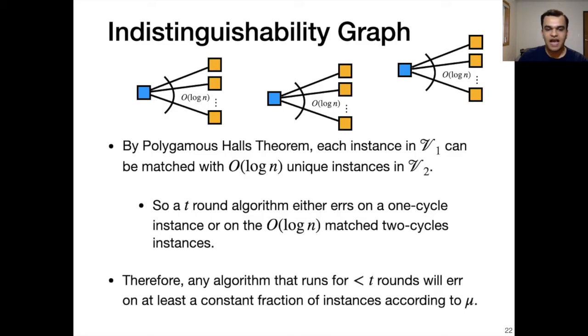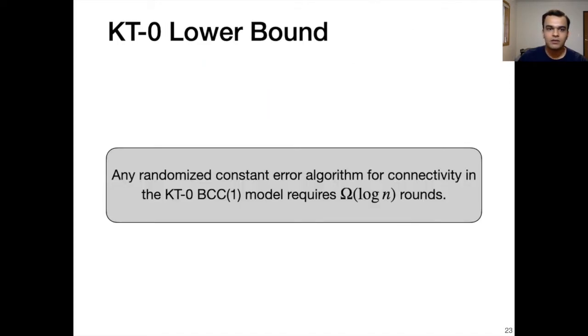So any algorithm that runs for less than T rounds will err on at least a constant fraction of instances according to mu, because the blue one cycle instances have logarithmically more probability mass than each orange two cycle instance according to the hard distribution. So this gives us a KT0 lower bound for any randomized constant error algorithm of omega log n rounds for the connectivity problem.